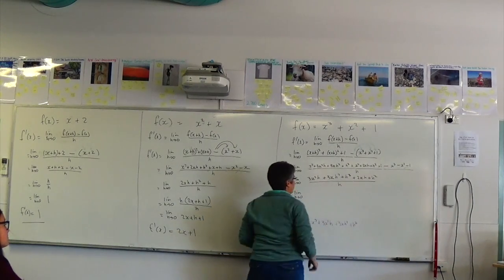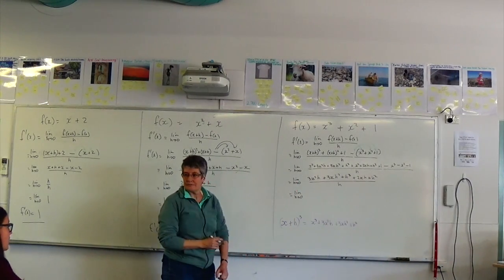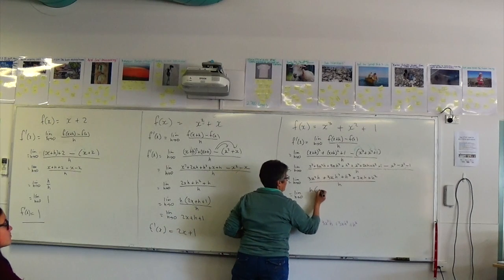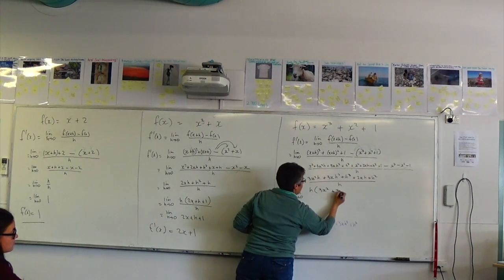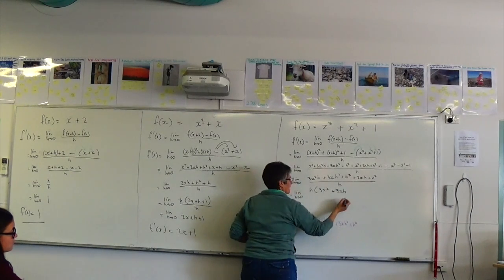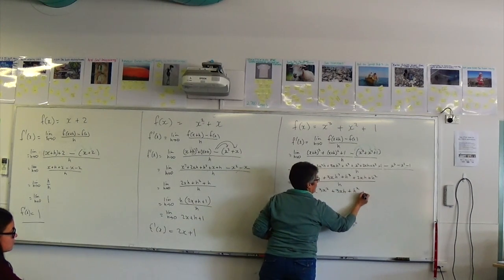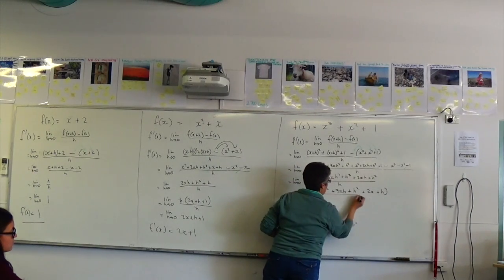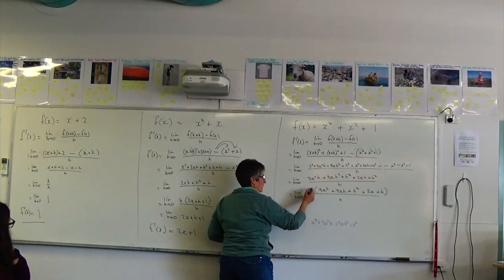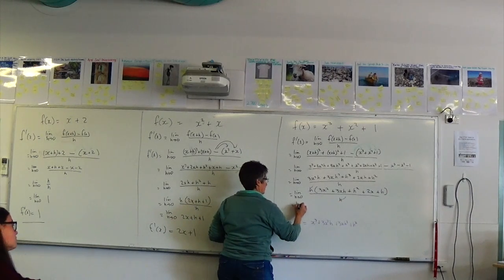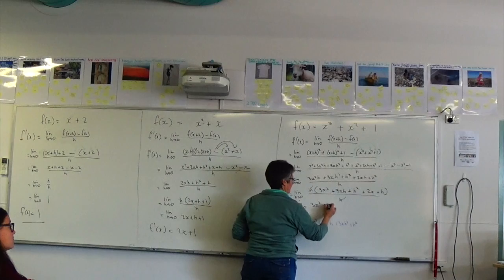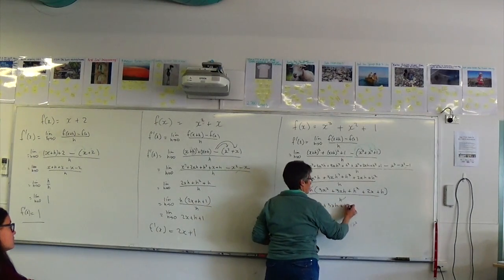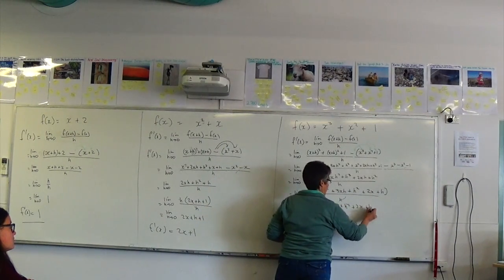I'm left with all of this. What have I got to pull out? h. So I'm left with 3x squared plus 3xh plus h squared plus 2x plus h, over h. They cancel out.